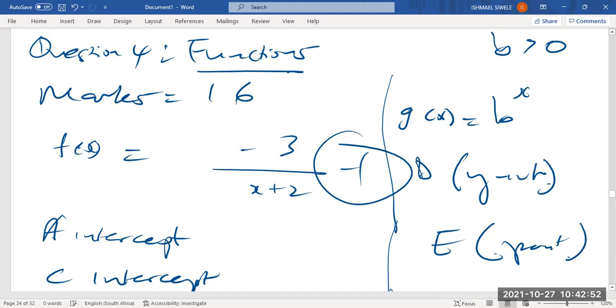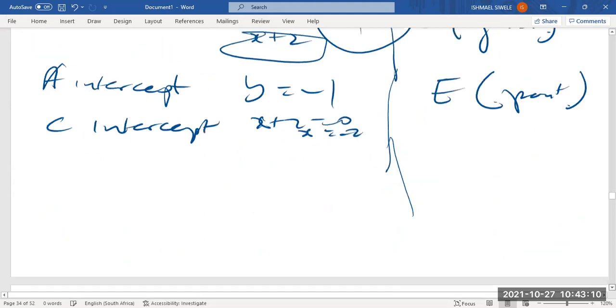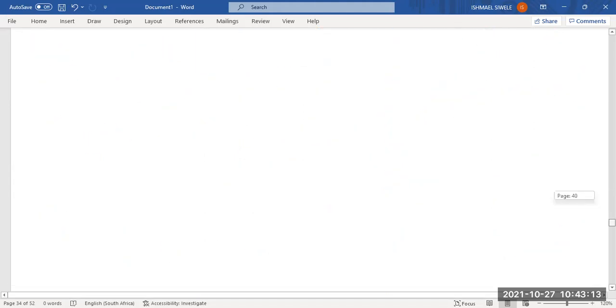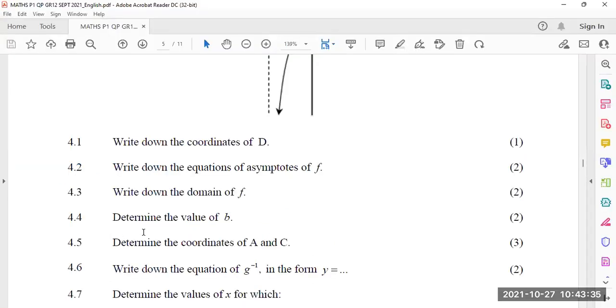So asymptotes: the first one is y equal to negative 1, and then x plus 2 equal to 0, so x is equal to negative 2. So these are the two asymptotes that we have: x equal to negative 2 and y equal to negative 1. We're just collecting marks here. These are marks that you're getting without any form of studying.